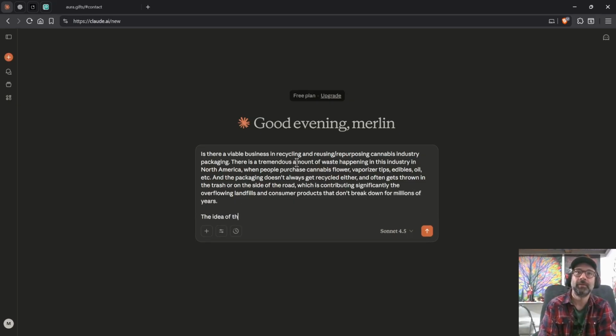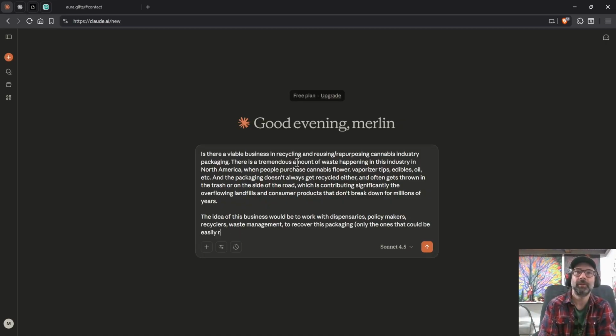The idea of this business would be to work with dispensary policymakers, who else? Recyclers, waste management, to recover this packaging, and I'll specify only the ones that could be easily repurposed as arts and crafts or some type of other useful product for free or at a very low cost to repurpose.